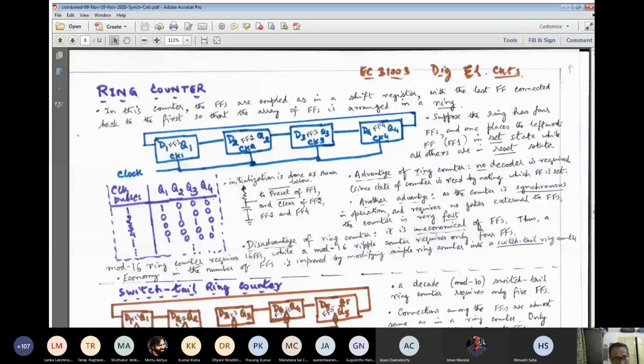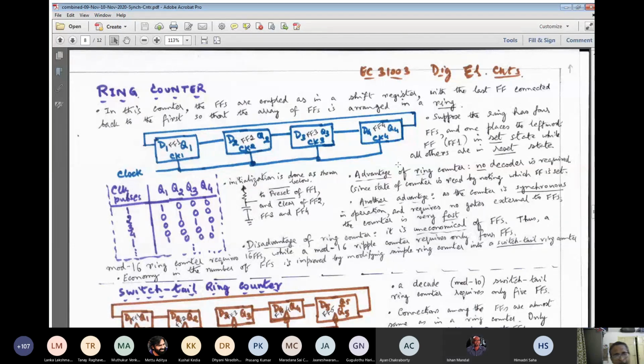The advantage of the ring counter is that no decoder is required, since the state of the counter is read by noting which flip-flop is set. That means you can put an LED at each output, so 4 LEDs, say L1, L2, L3, L4. If a particular LED, say L3, is glowing, I know that it is in state 0010, or L4 is 0001, or L2 is 0100, something like that.